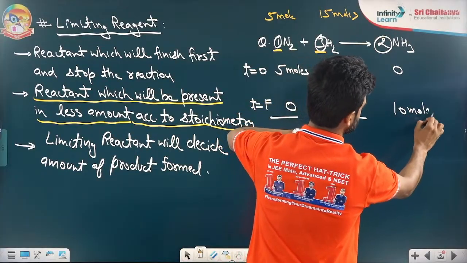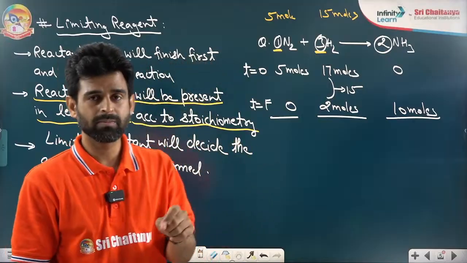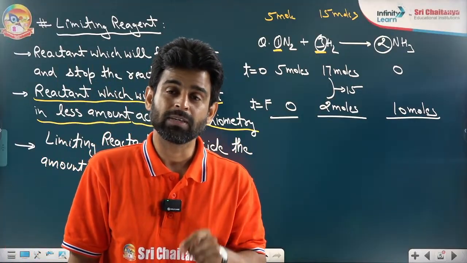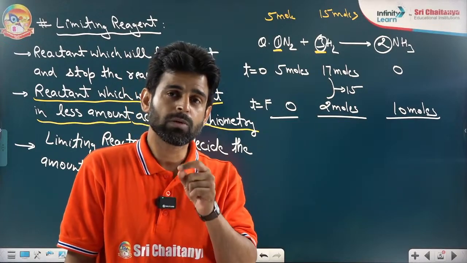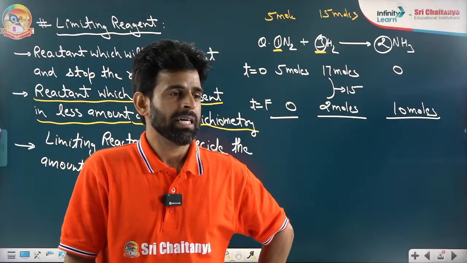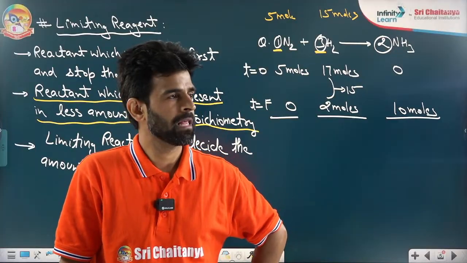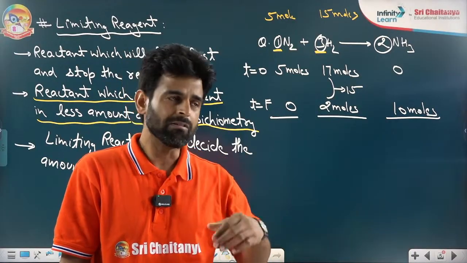So it is the right answer. So 2 moles of H2 remain in excess, whereas 10 moles of ammonia is formed. N2 was the limiting reactant, so it is finished and becomes 0 now. Fine, beta? Clear? Now we'll move to the shortcut.